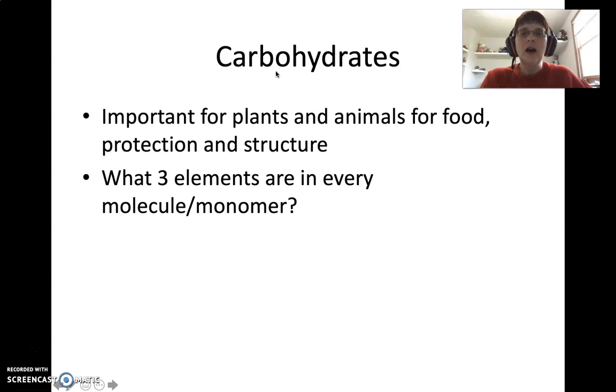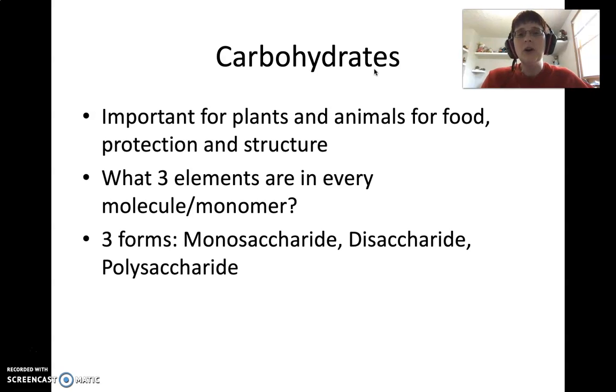So carbo, we know that it's an organic molecule, so it has carbon in it. And then hydrate actually gives you the other 2 elements. Because if you're hydrating, what are you drinking? You're generally going to be drinking water. So hydrogen and oxygen. For carbohydrates, there are three forms for carbohydrates.